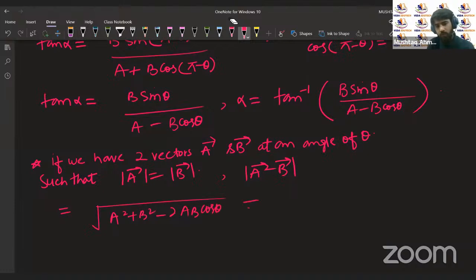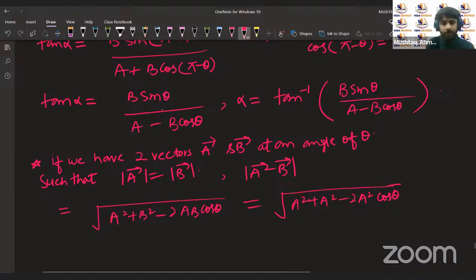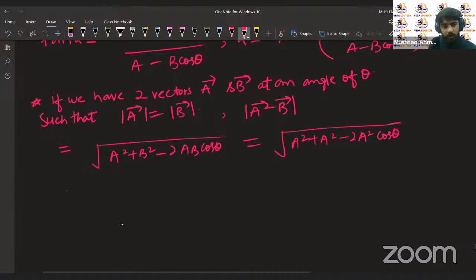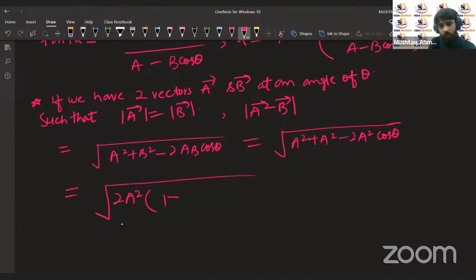But the magnitude of A and B is the same. We can replace B with A. So we'll be getting A square plus A square minus twice A square cos of theta. So 2A square will be common here. We will be left with 1 minus cos of theta.